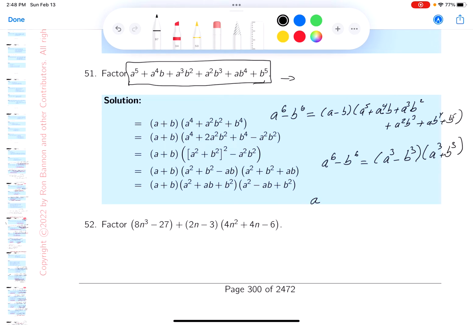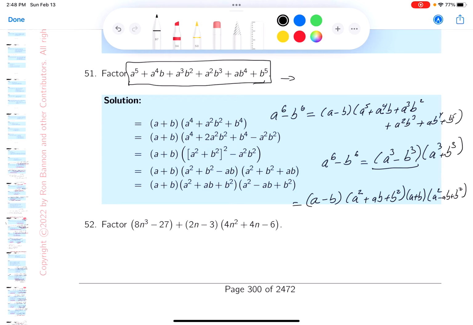a minus b, again I'm still factoring, and then you're going to get a squared plus ab plus b squared. That's this guy factored. Let's factor the other guy. That's a plus b, and then it's going to be a squared minus ab plus b squared.